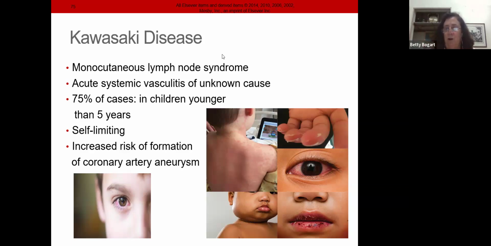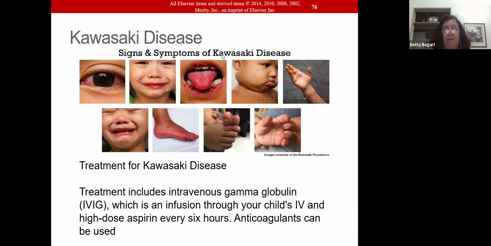Now, these children are usually younger than 5, and you're going to see the biggest, reddest, glow-in-the-dark eyes at the acute stage. You're going to see a strawberry tongue, cracked red lips. Sometimes the lymph nodes could be elevated. The palms of their hands and soles of their feet could be blistery or cracked, with skin peeling. And that is Kawasaki disease.